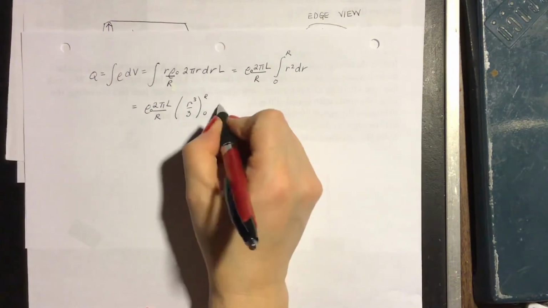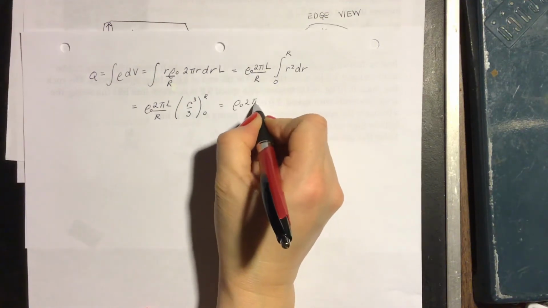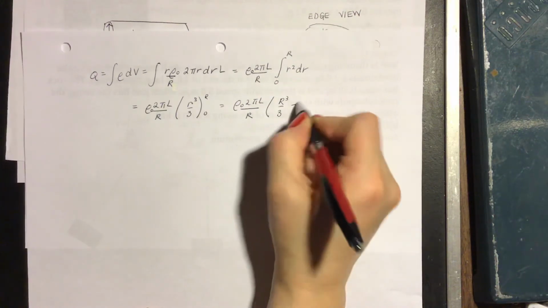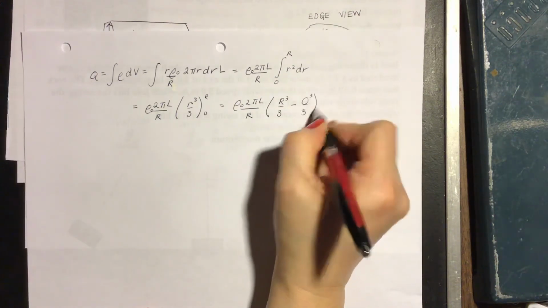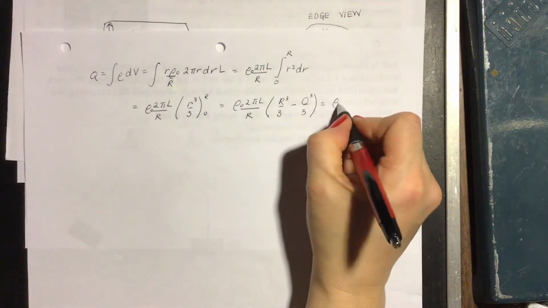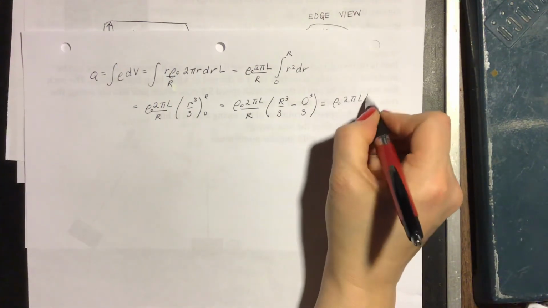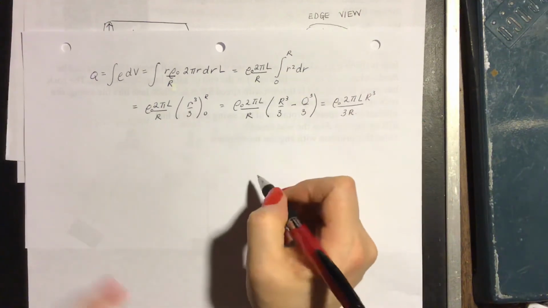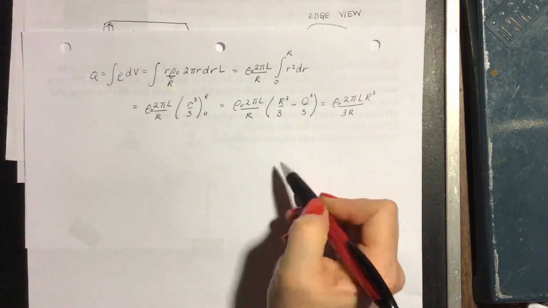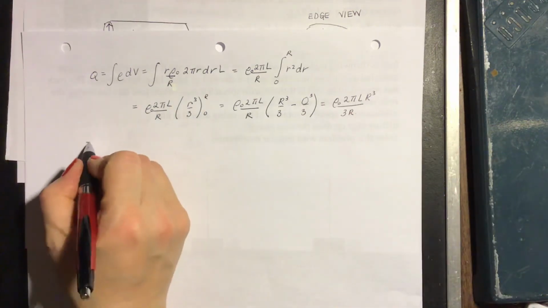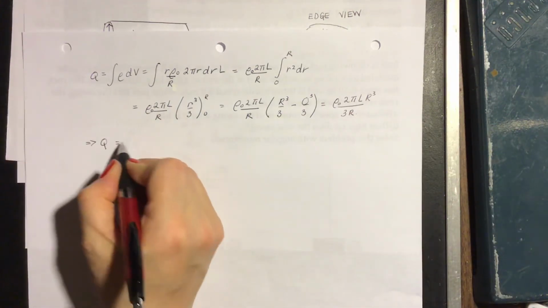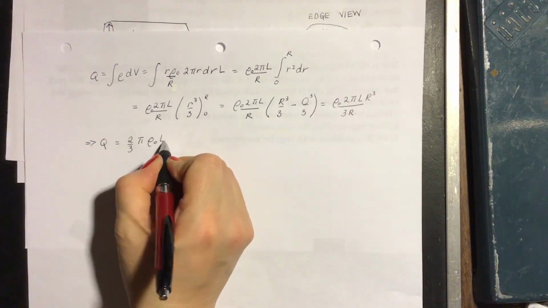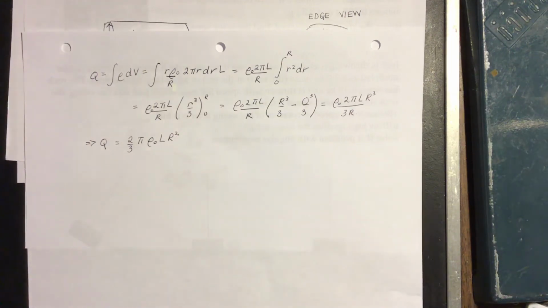So we have rho naught times 2 pi L over R times R cubed over 3 minus 0 cubed over 3, which equals rho naught times 2 times pi times L times R cubed over 3 times R. So there's our expression for the net charge. Let's rewrite it and neaten it up a little bit. Q is equal to 2/3 times pi times rho naught times L times R squared. There's an expression for the net charge on the cylinder.